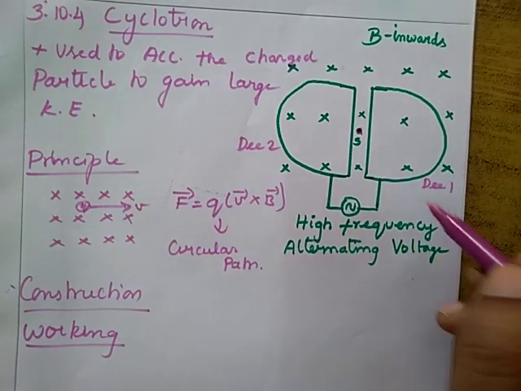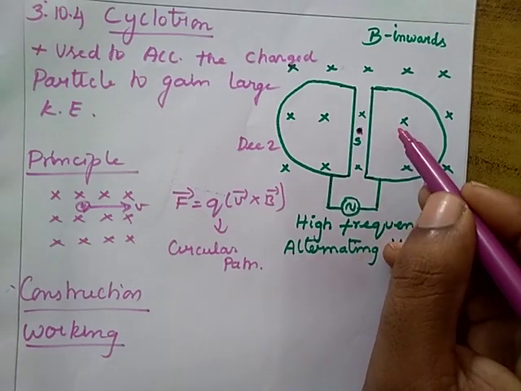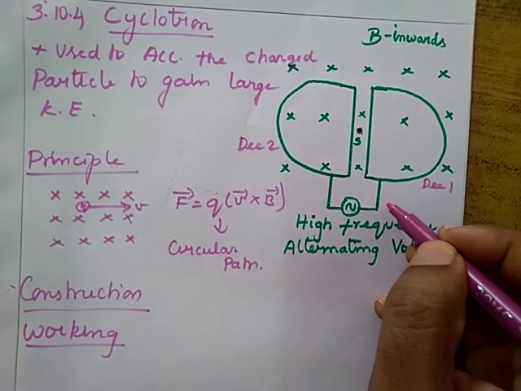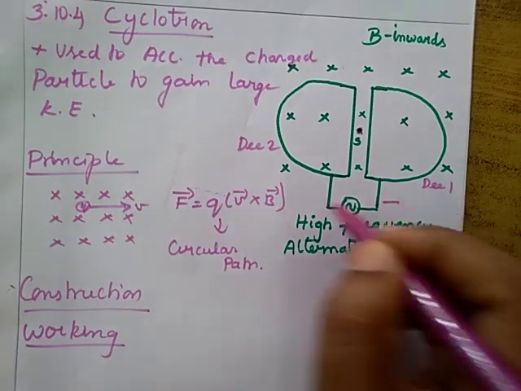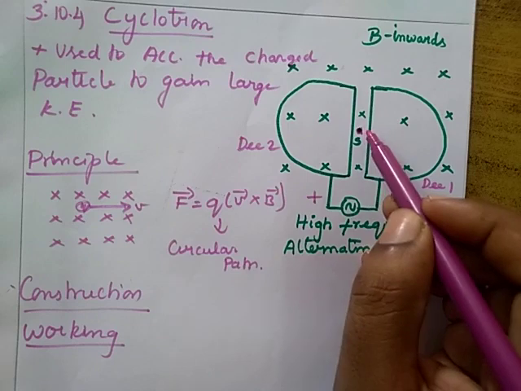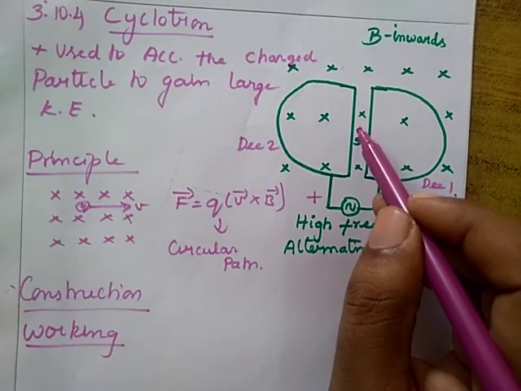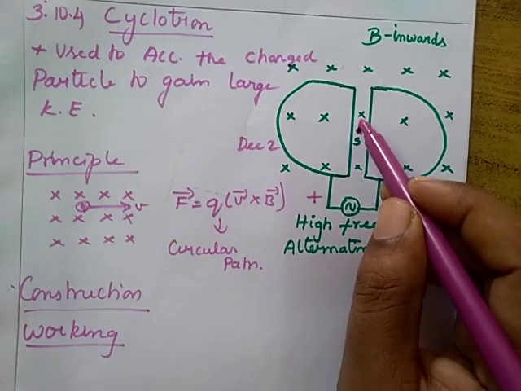Then it will accelerate towards the D having negative potential. By consideration, at the first moment this D has negative potential and this D has positive potential. So this positive ion will accelerate towards D1. Because it is a positive ion, it will move towards the negative potential, so it will move like this.